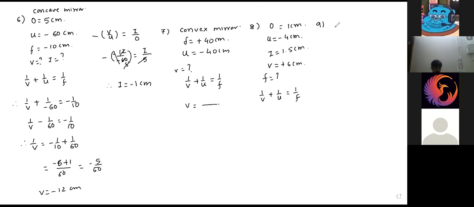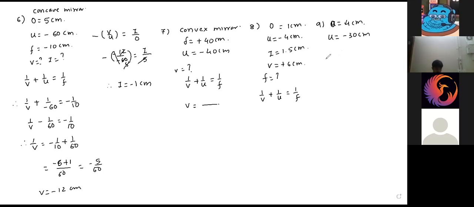Next is 9. और 9th में क्या दिया? An object of length 4 centimeter. O दिया है 4 centimeter, in front of concave mirror at a distance u दिया है minus 30 centimeter. The size of the image is 3 times, real image.